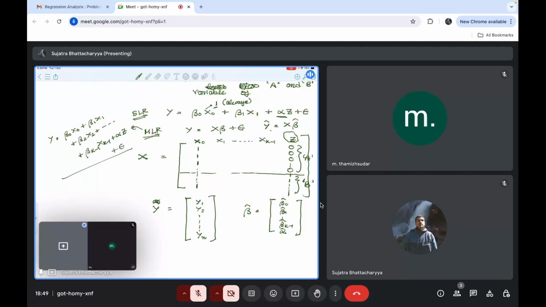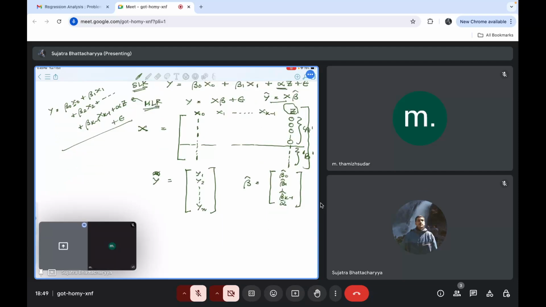We have fitted it into this, where in X we have included this x naught here, and z. In the earlier multiple linear regression model, if you remember, x naught we don't write. We just keep only beta naught, and we put the first column as 1. Here we are just writing that as x naught. That's all. So this is how the approach should be.